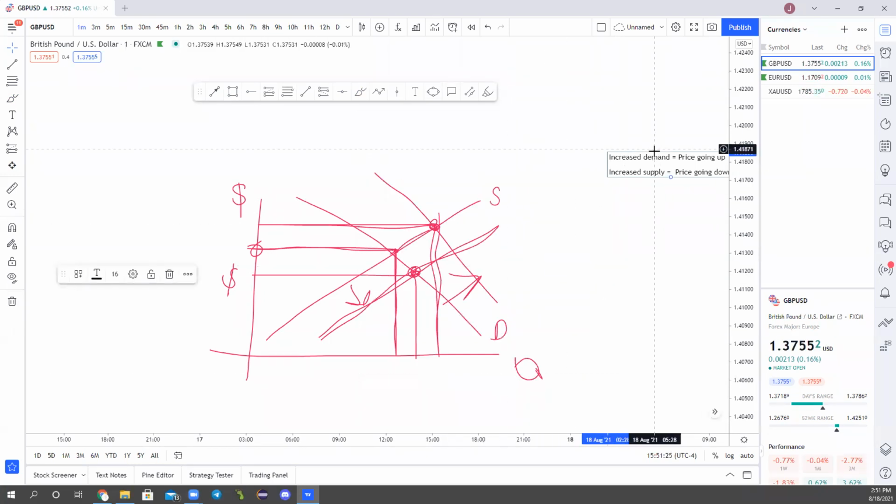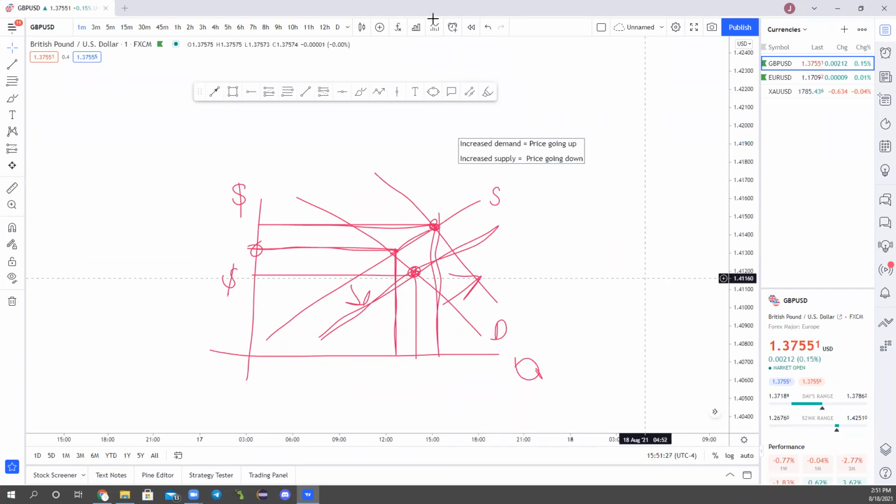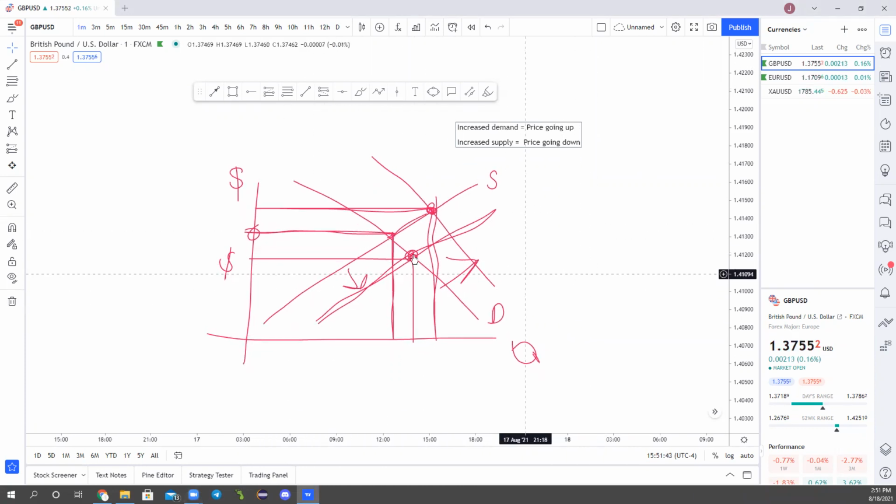Okay, so this is just a basic idea, and it's applicable with everything in life. This is how stuff works. And that's why, in my opinion, this trading method is really good, because it's applicable in so many situations. So now that we understand this, we'll go to the charts, okay? We're going to talk about demand today, but I wanted to show you both, because supply is just the inverse of demand.